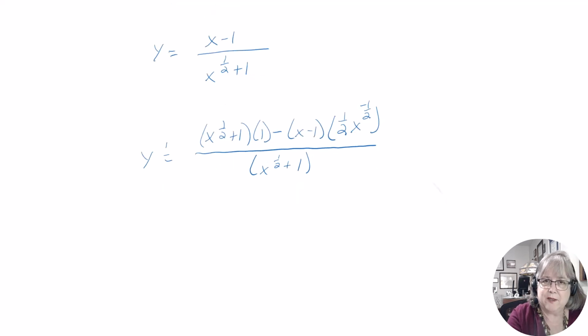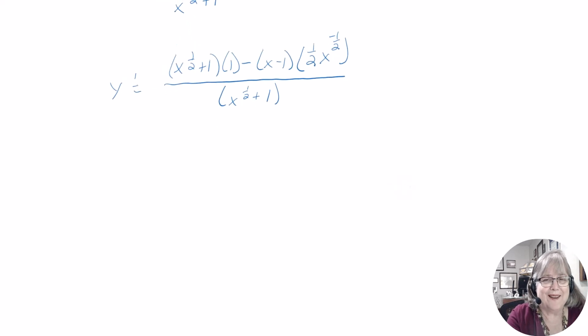Now I have a big finish for the end of this problem, so hang in there with me. All right, here you go. So now we're going to do massive cleanup. This part, x to the 1/2 plus 1 times 1 is thankfully just itself. Minus x times 1/2 x to the minus 1/2 is 1/2 x to the first times x to the minus 1/2.